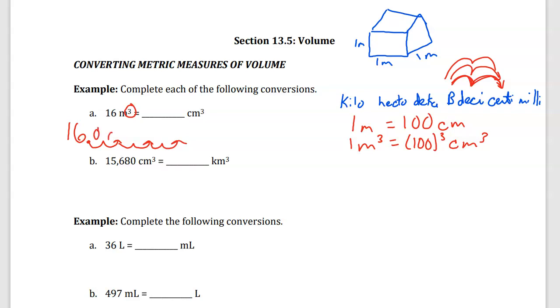So I'm going to add 1, 2, 3, 4, 5, 6 zeros. So 16 meters cubed is going to be 1, 6, and then 6 zeros. So it's going to be 16 million centimeters cubed.